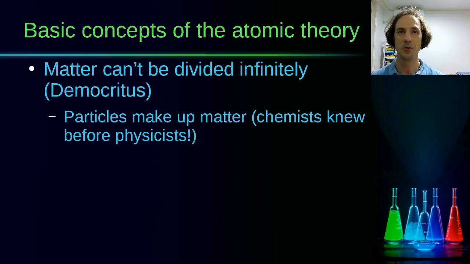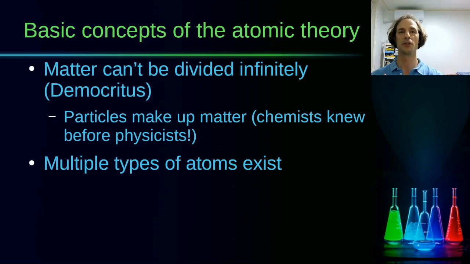Chemists knew that matter is made up of particles based on their experimental results much earlier than physicists. Physicists did not accept this for another 50 years, or at least they debated it quite openly, while chemists just accepted this theory because it described really well how materials change into each other.